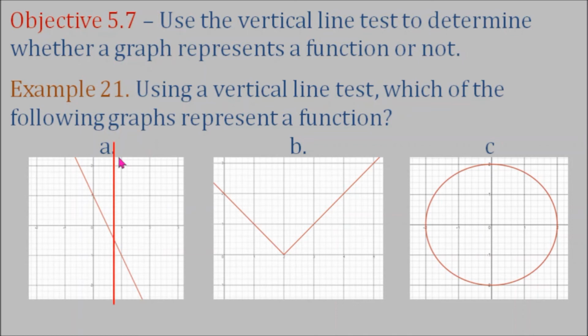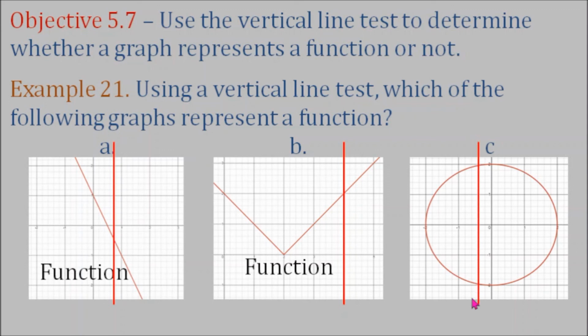Here, we draw a vertical line, and the vertical line crosses the graph at exactly one point, so it's a function. Here also, for B, if we draw a vertical line, it crosses the graph at exactly one point, so it's a function. Here, if we draw a vertical line, it crosses the graph at 2 points. So this is not a function.